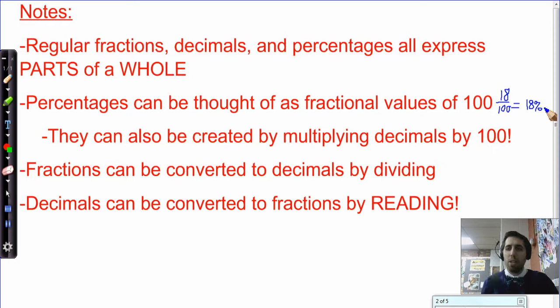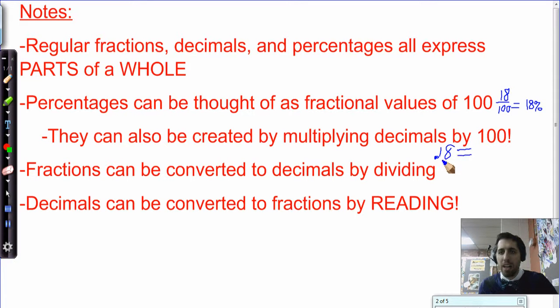They can also be created by multiplying decimals by 100. So in this case, if you think of 18 out of 100, that's the decimal 0.18. And so what we're trying to say is we know that fractional values where we have part of a whole instead of the whole can sometimes be weird to write. We have to use decimals, we have to use fractions. Percentages help with that because they say, okay, we know that you have part of a whole.